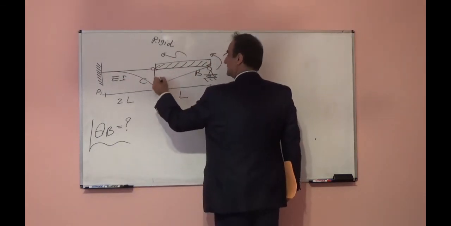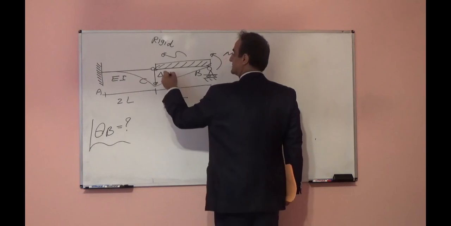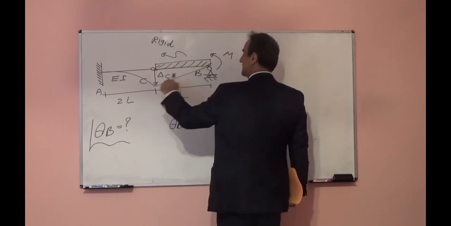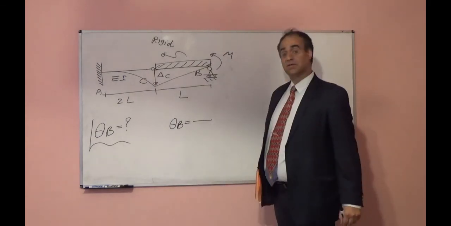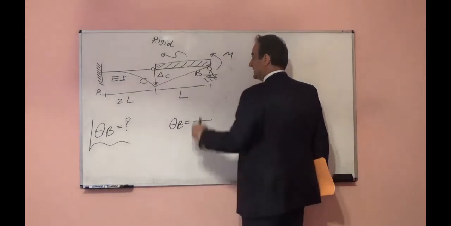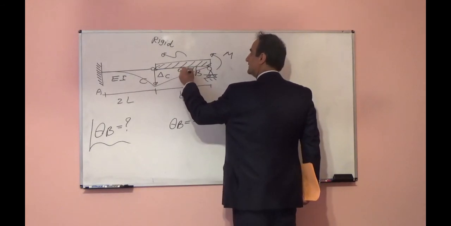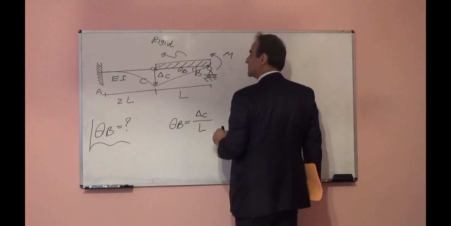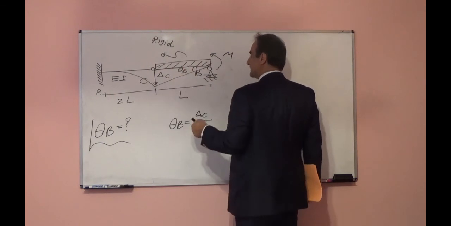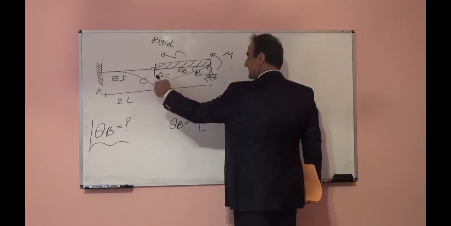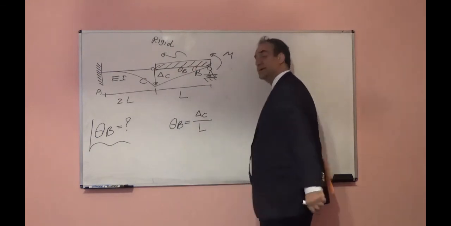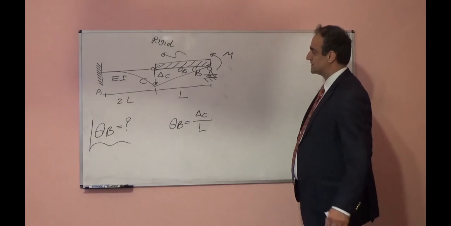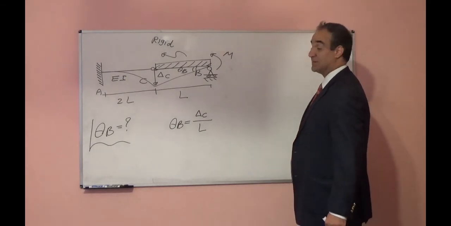Here, if I find the deflection at point C, theta B, in this triangle, because we are in the small deformation range, this angle will be delta C divided by L. The tangent of this triangle in small deformation is equal to delta C divided by L. So if I find delta C, that's it. I know the answer. What is delta C?